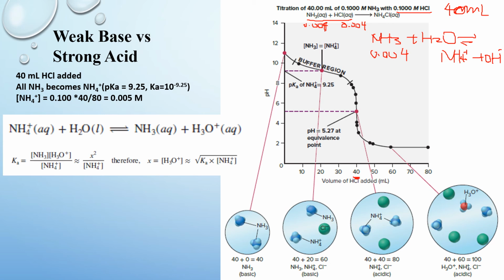So at this point, all the ammonia has been converted to ammonium, NH4 plus. So again, we should separate this ammonium chloride.